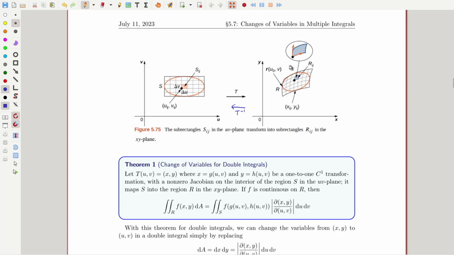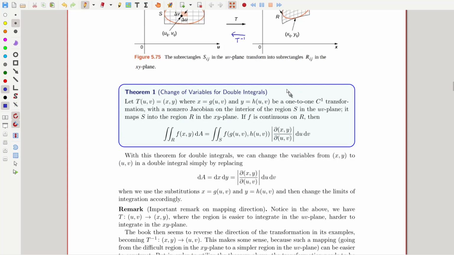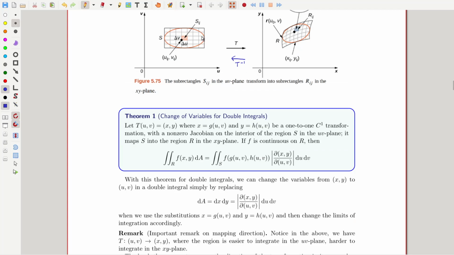But it would be easier to think about it as taking this complicated region and figuring out a way to map it to being nice. Creating this map from XY that is complicated to UV that is simple. Creating this transformation is easier to construct by hand rather than thinking about how you would go the other way around. So that is why the book gives you the inverse transformation.